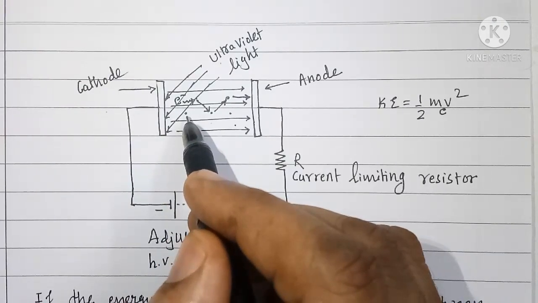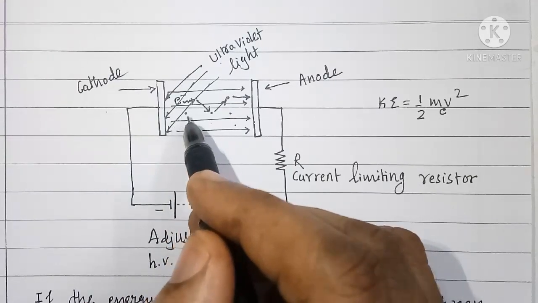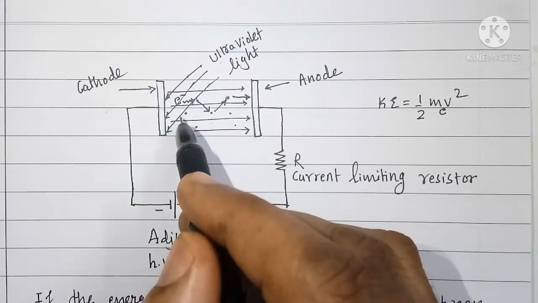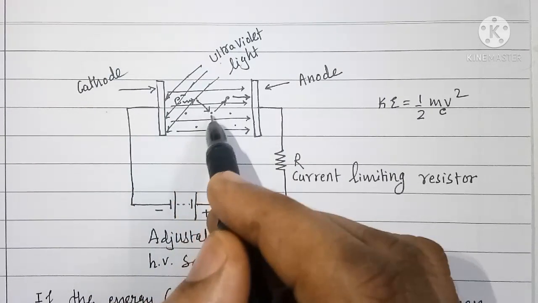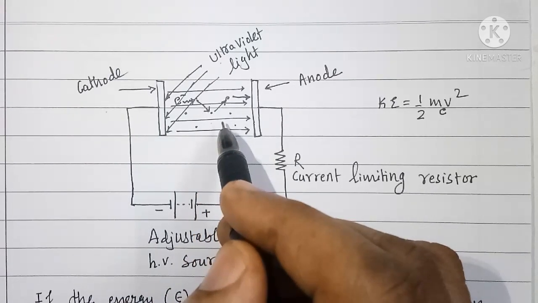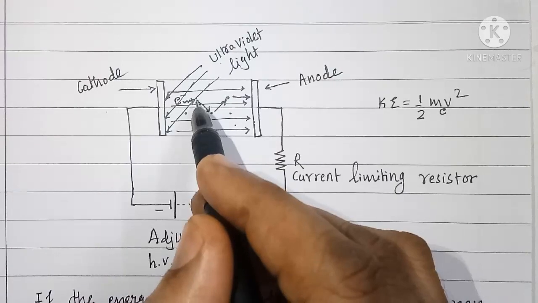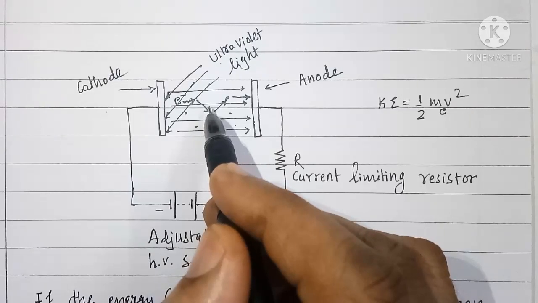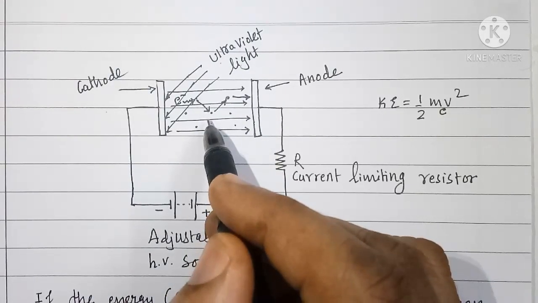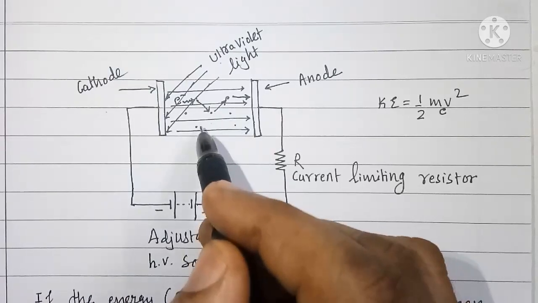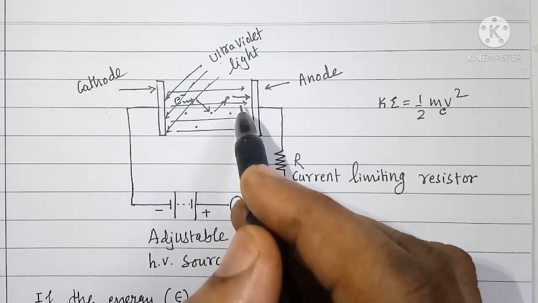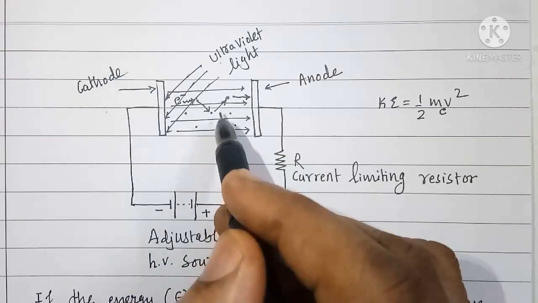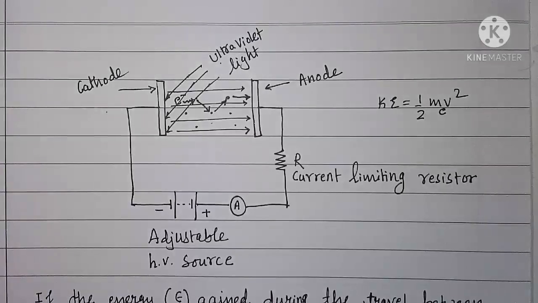The electron given out by the cathode in this case also will be moving towards the anode, and when it starts moving towards the anode it will keep colliding with the gas molecules, and during its travel between the collisions, if the energy gained is more than ionization energy of the gas atom or molecule, then the gas atom will become a positive ion.